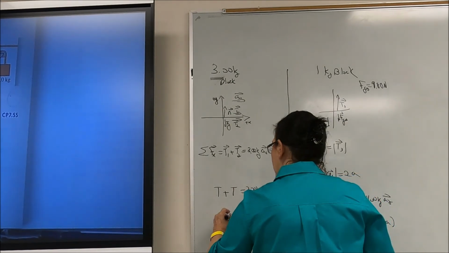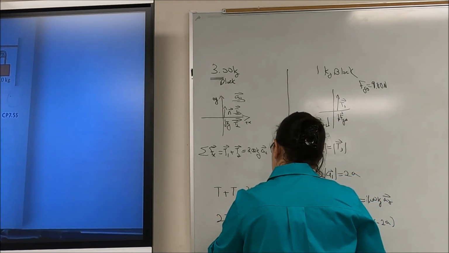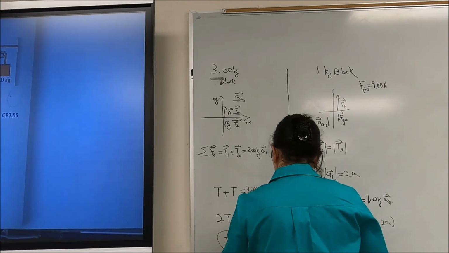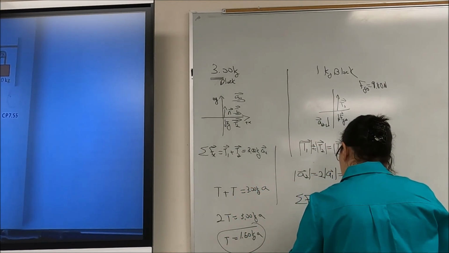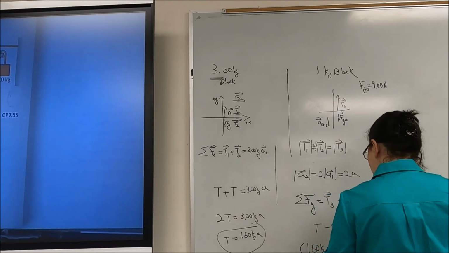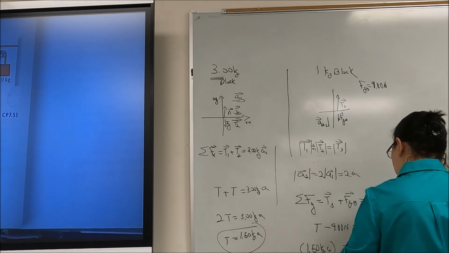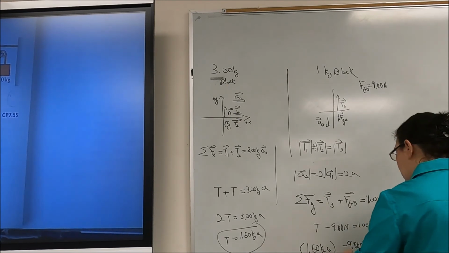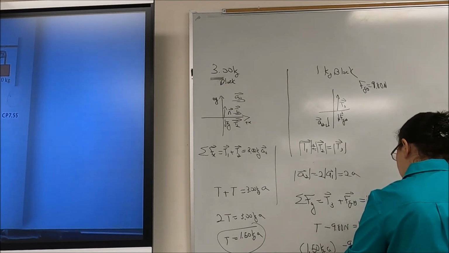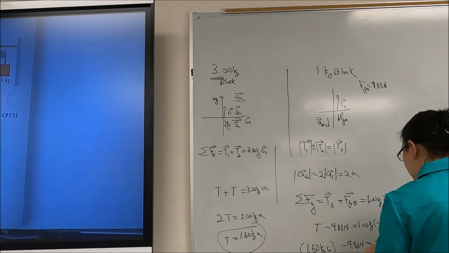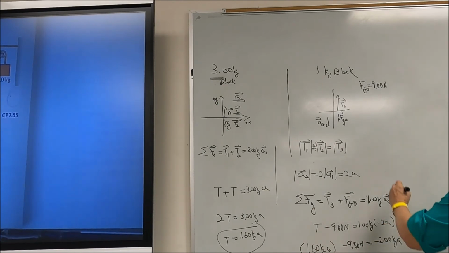Okay, so I have 2T is equal to 3 kilograms A. So I could say T is 1.50 kilograms A. Substitute that over. 1.50 kilograms times A minus 9.80 newtons equals minus 2 kilograms A. So minus 9.80 newtons equals minus 3.50 kilograms times A. The negative and negative cancel out.